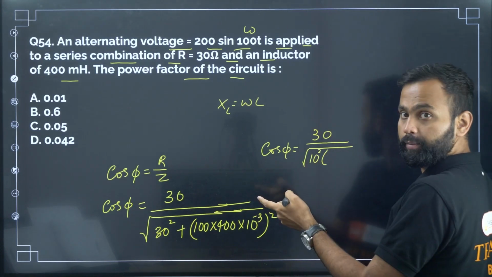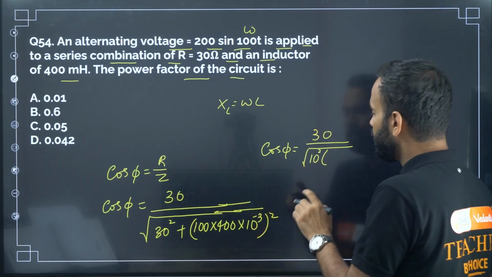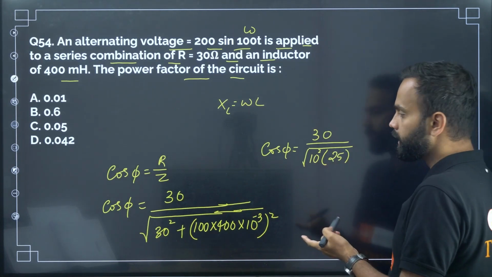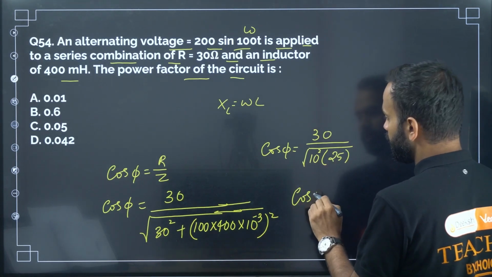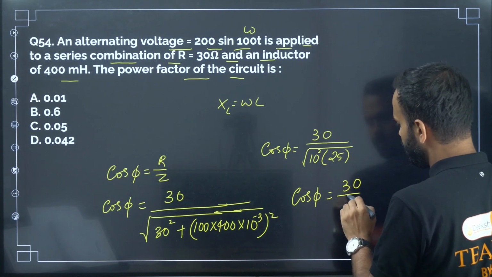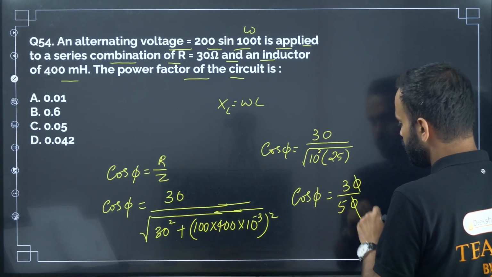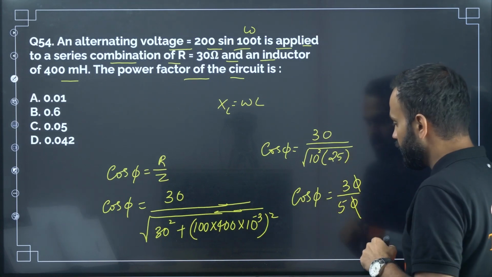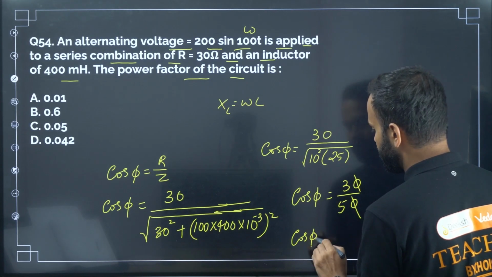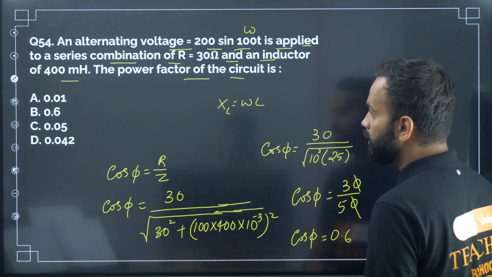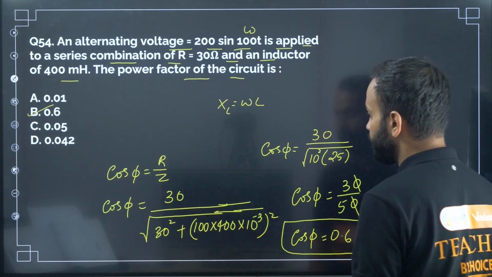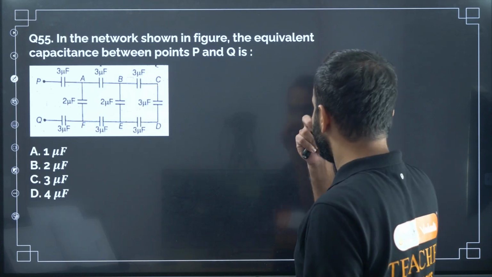So 3 square plus 4 square, this will be 25. Root of 25 is 5, root of 10 square is 10. So now cos phi is equal to 30 divided by 50. So 10, 10 will get cancelled. Cos phi is equal to 3 by 5, that is 0.6. So the correct option is B. Okay, this is the power factor. Next question, question number 55.